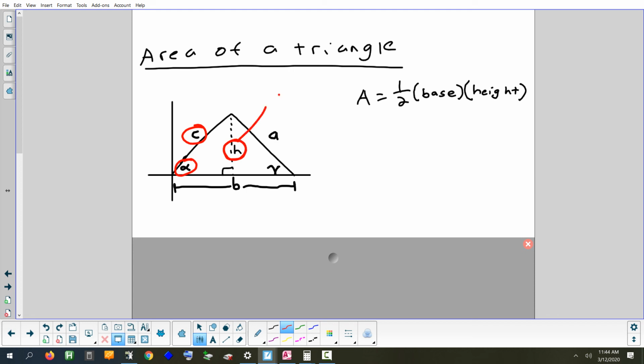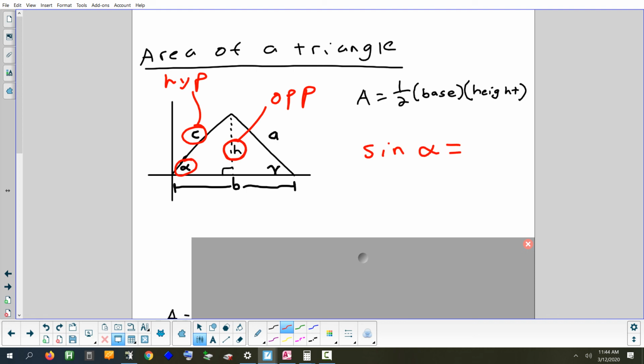Opposite. How about this side? Hypotenuse. What trig function has opposite and hypotenuse in it? Sine. So sine of alpha equals opposite over hypotenuse, H over C. Now I'd like a formula for just H. So what would be in this box based on the formula up above?